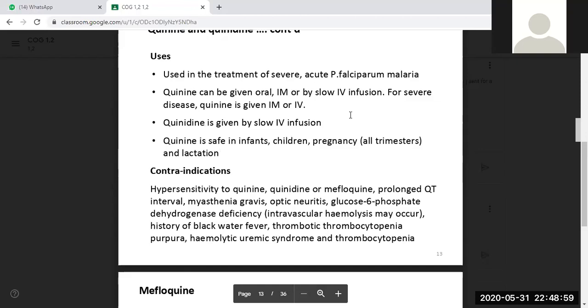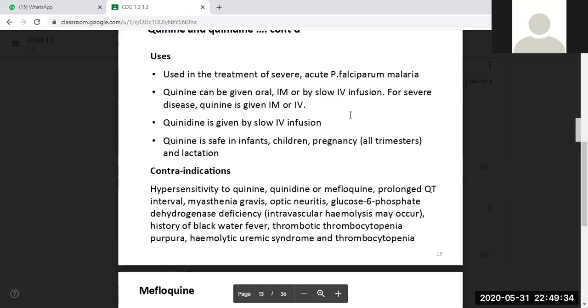We're talking about the uses. So quinine and quinidine can be used in the treatment of severe acute Plasmodium falciparum malaria. When a patient has any of those 10 complications of severe malaria, you can use quinine to treat them. Quinine can be given via the oral route, intramuscularly, as well as by slow intravenous infusion.